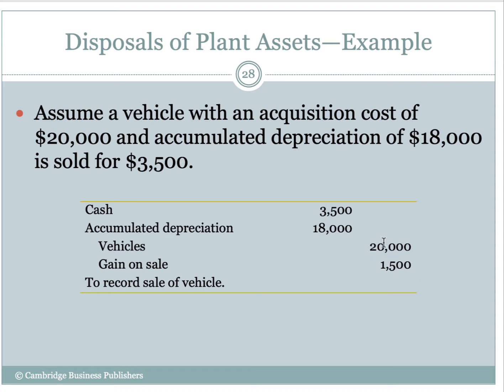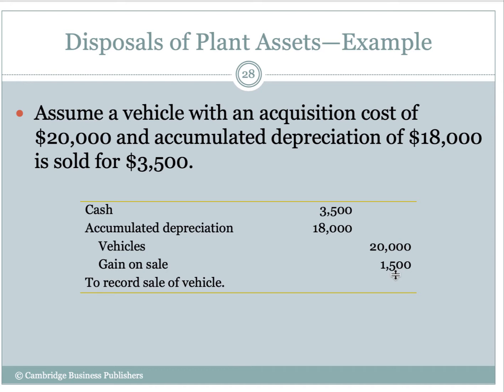We have $20,000 in credits for the vehicle, and we have $21,500, right, in debits. So we basically need $1,500 to balance out these debits and credits. We have a gain on sale of $1,500.